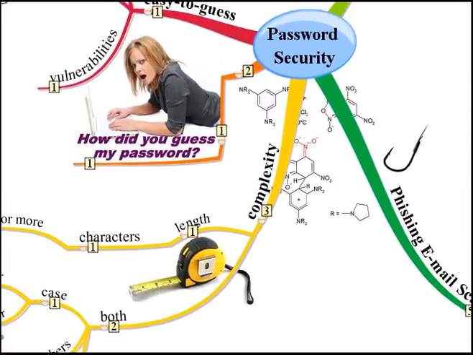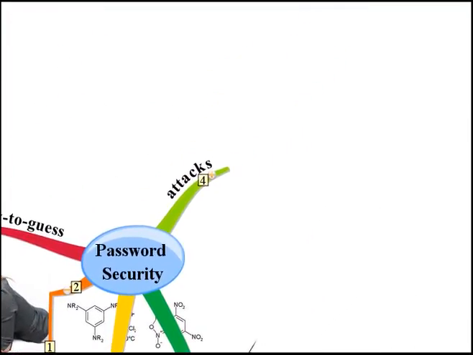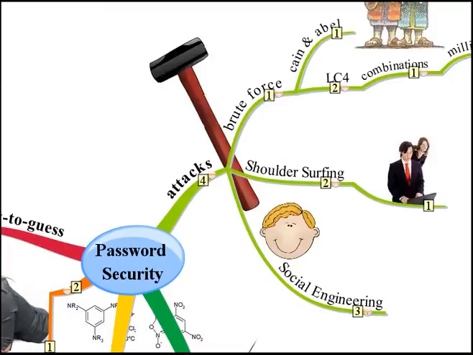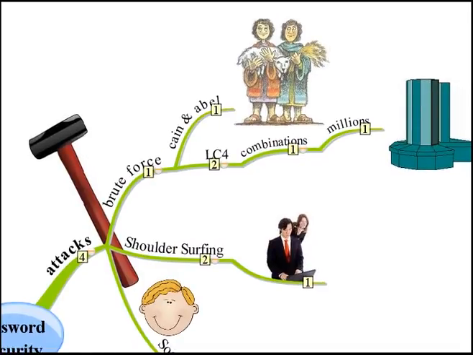Brute force attacks. The brute force attack is an attempt to break a password or encryption scheme through simple repetition of attempts. A wide variety of utilities, such as LC4 and Cain and Abel, can be used to automate these attacks. These modern hacking utilities can cycle through millions of combinations of letters and numbers to guess a password.